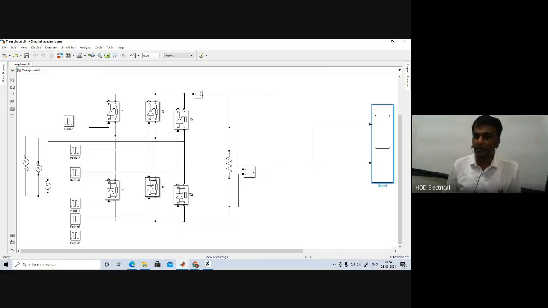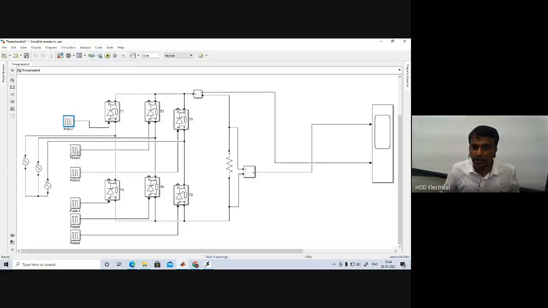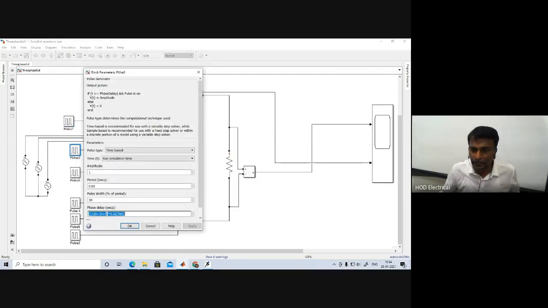Then let me check the firing angle now. Now I am giving a firing angle of 30 degree instead of 0. Then in all the waveforms I am giving 30 degree here.